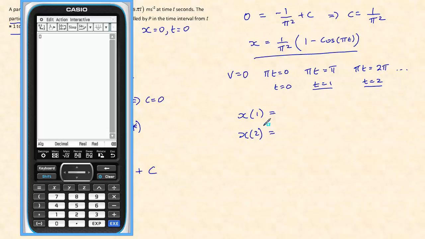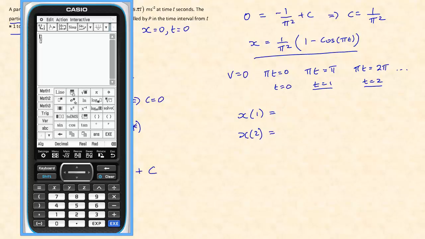So x of 1 is going to be 1 over pi squared, open bracket, 1 take away cos pi. In actual fact, we should have known what that was to start with. Cos pi is negative 1.